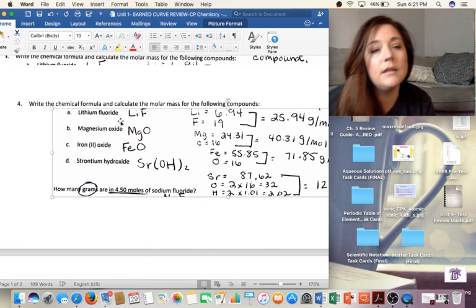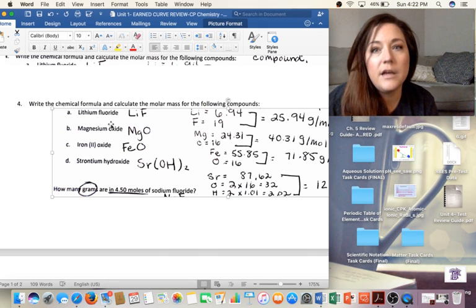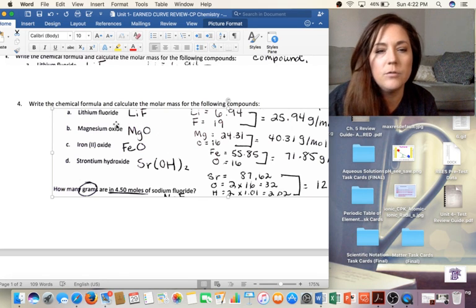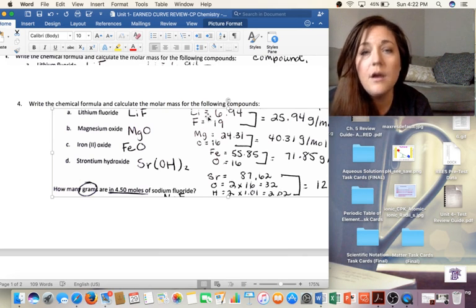Remember that lithium fluoride cancels out straight, positive 1, negative 1, so we don't have to do any additional work to it. So lithium, since there's just one of them, you can just write out the AMUs from the periodic table.